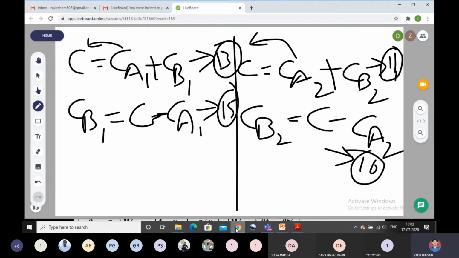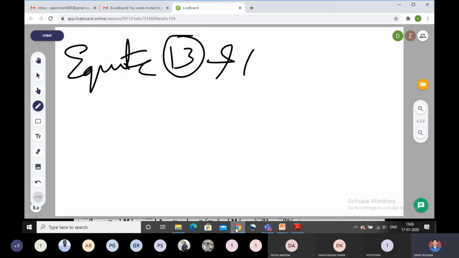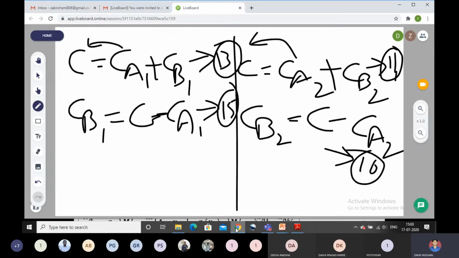Then equate 13 and 14. How can we equate equation 13 and 14? The LHS of equation 13 is C and the LHS of equation 14 is also C. So we can equate these equations. Therefore, Ca1 plus Cb1 is equal to Ca2 plus Cb2.